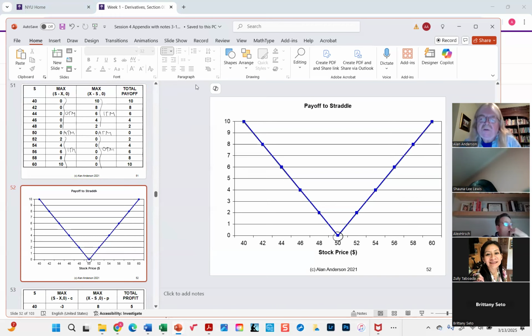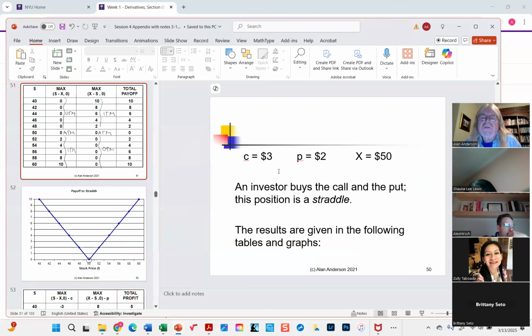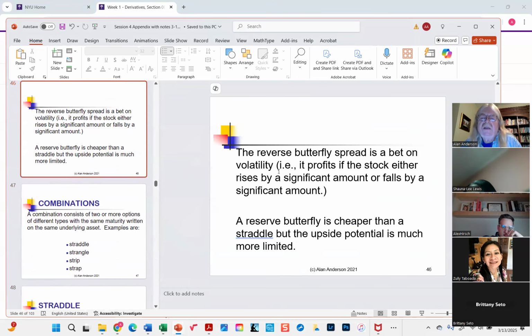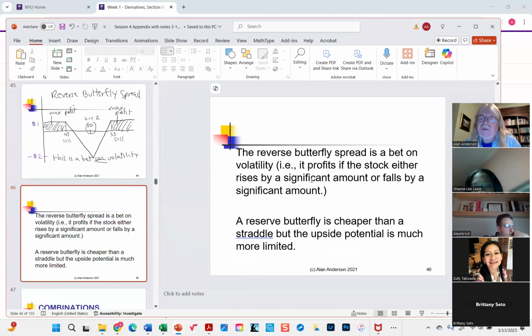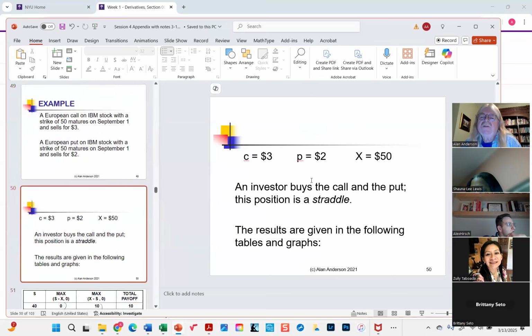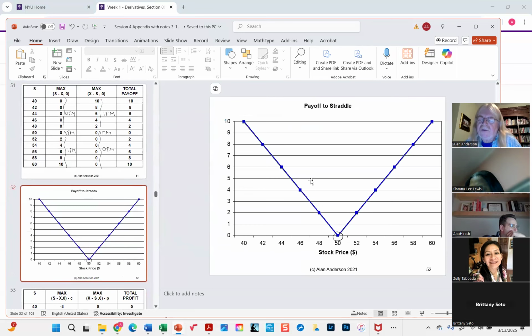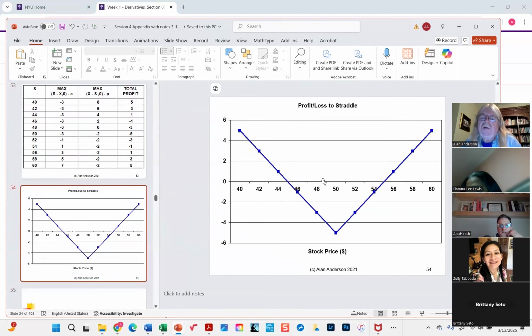So in a way, it closely resembles the reverse butterfly. Except, now here's the key difference. With the reverse butterfly, there's a limit to our gains and our losses. Here, there's no limit to our gains, but there is a limit to our losses. Now, once you take into account the expensive price of this position, though, this is what we end up with.